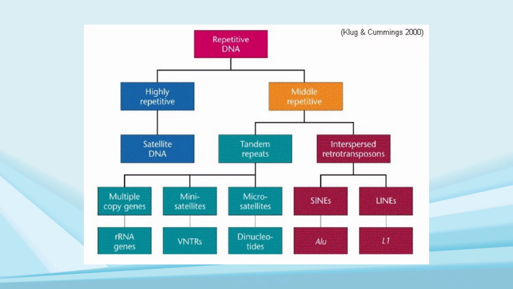Highly repetitive contains satellite DNA and moderately repetitive has tandem repeats and interspersed retrotransposons. Tandem repeats includes multiple copy genes, mini satellites and microsatellites, whereas interspersed retrotransposon contains SINEs and LINEs. SINEs is short interspersed nuclear element and LINEs is long interspersed nuclear element.